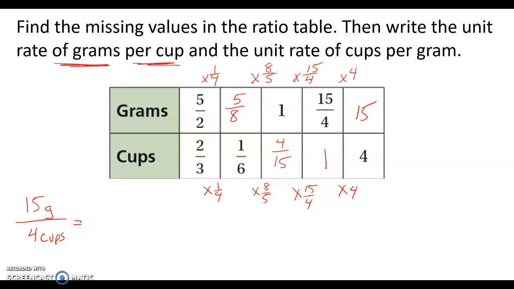If I do the unit rate, I would go 15 divided by 4. That would give me 3.75 grams per 1 cup.